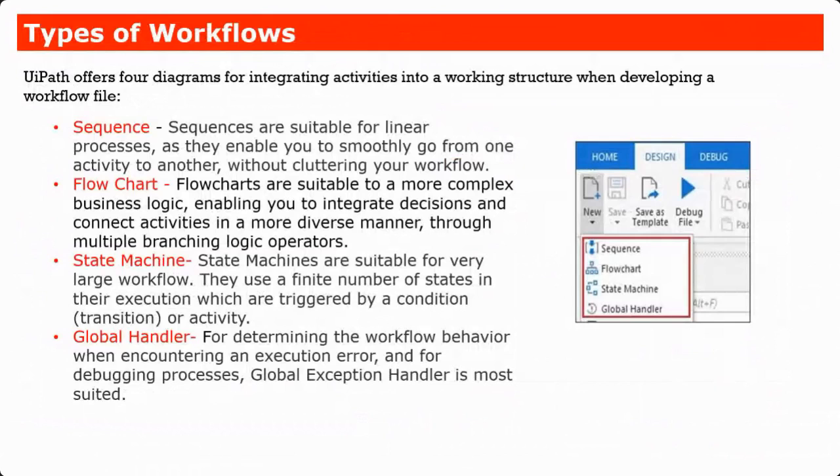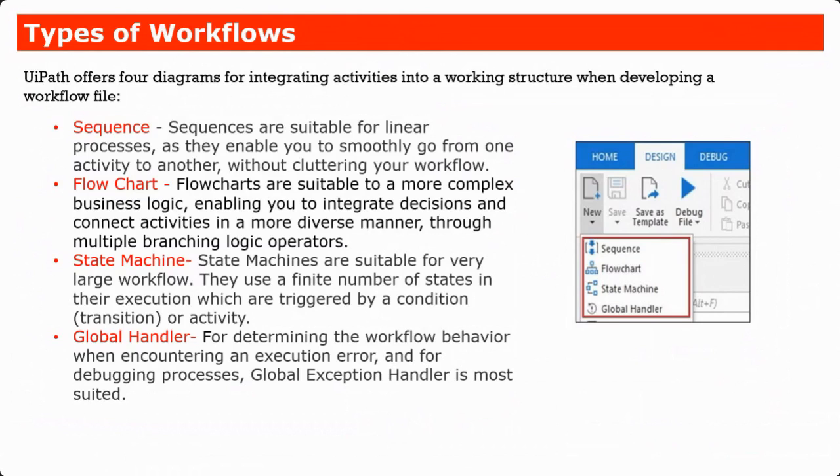Now, we talked about the fact that we have activities, right? But it's really good when we design a bot that we define our workflow in a certain way, right? There are some tasks which are sequential in nature that need to be done one after another. There will be some tasks which need to be done based on some business logic.